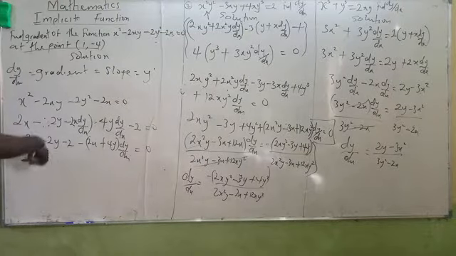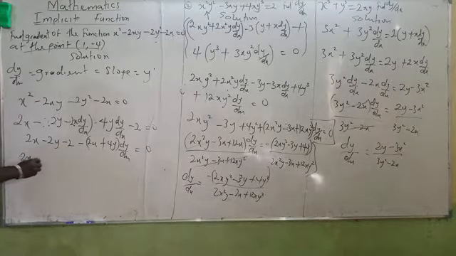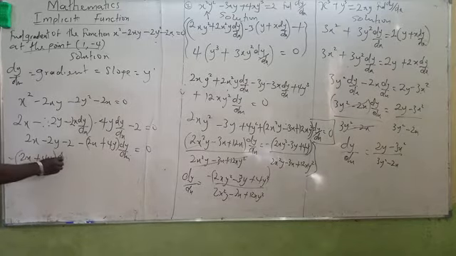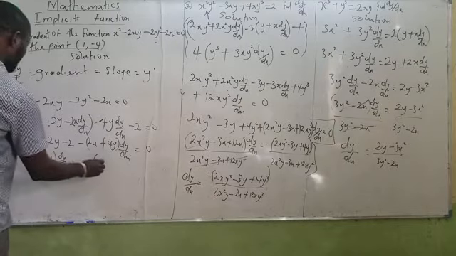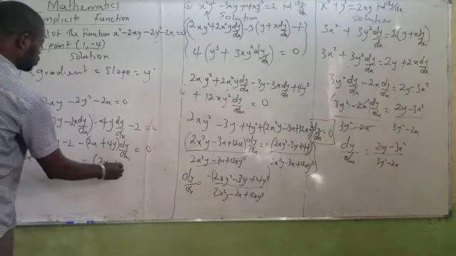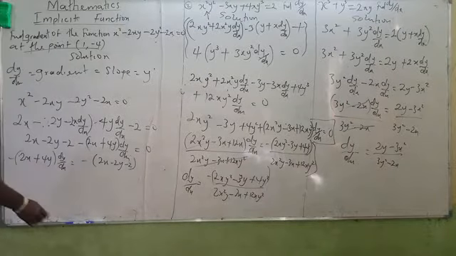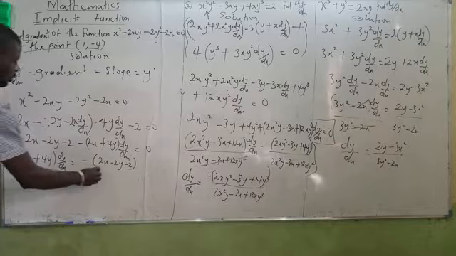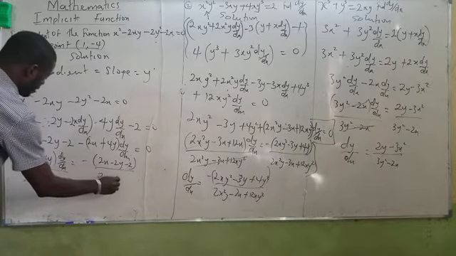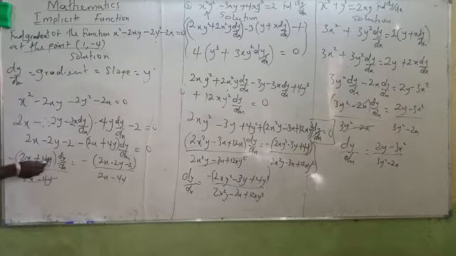Now, this will move on by saying (2x plus 4y) dy/dx equals minus bracket (2x minus 2y minus 2), which I will divide both sides by 2x minus 4y. This will cancel this.